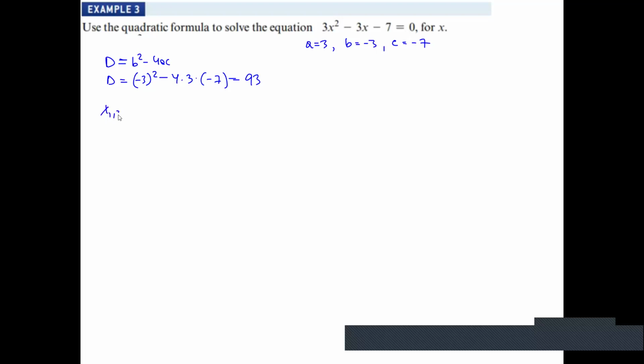So x1,2 is minus b plus minus square root of d over what? 2a, right? So x1 is 3 minus square root from 93 over 2 times 3. So let's calculate that. 3 minus square root of 93 divided by 6 is minus 1.107.